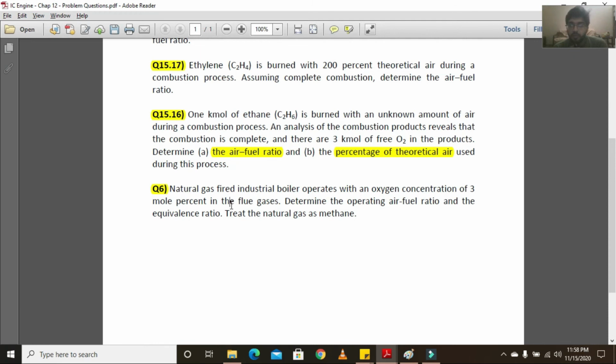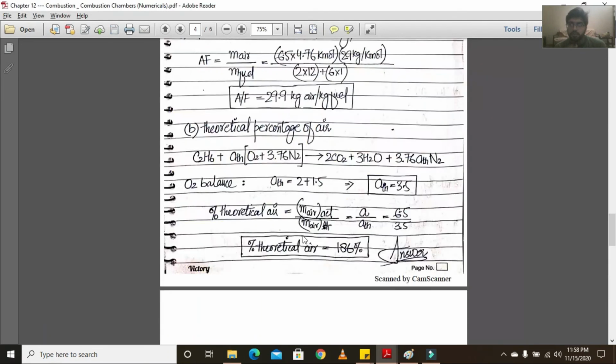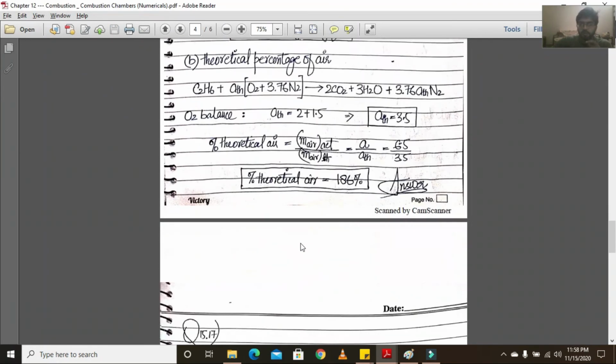Determine the operating air fuel ratio and the equivalence ratio. Treat natural gas as methane. I explained earlier that natural gases are usually treated as methane. So we have to determine two things here, the operating air fuel ratio and the equivalence ratio. It means I will also have to determine the theoretical air fuel ratio and simply divide them.